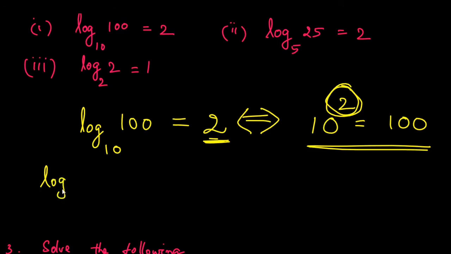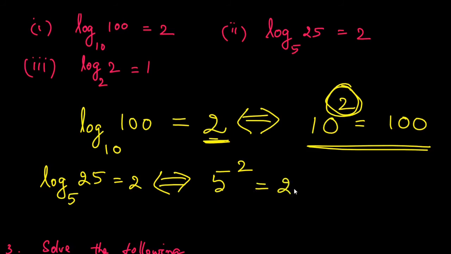Log 25 to the base 5 is equal to 2. Now, how do we write it in exponential form? The base is 5, value of logarithm is 2, that is exponent. 5 power 2 is equal to 25.